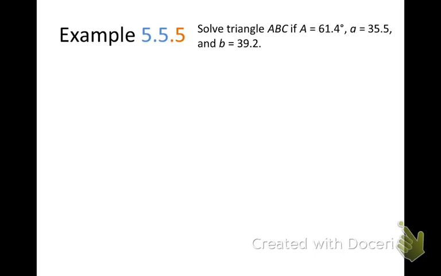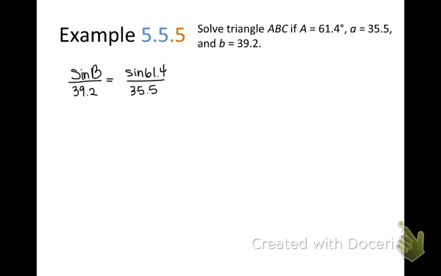Which angle can I find right now? Angle B, right? So I'm going to have the sine of angle B over little b, which is 39.2, equals sine of capital A, which is 61.4, divided by little a, which is 35.5.